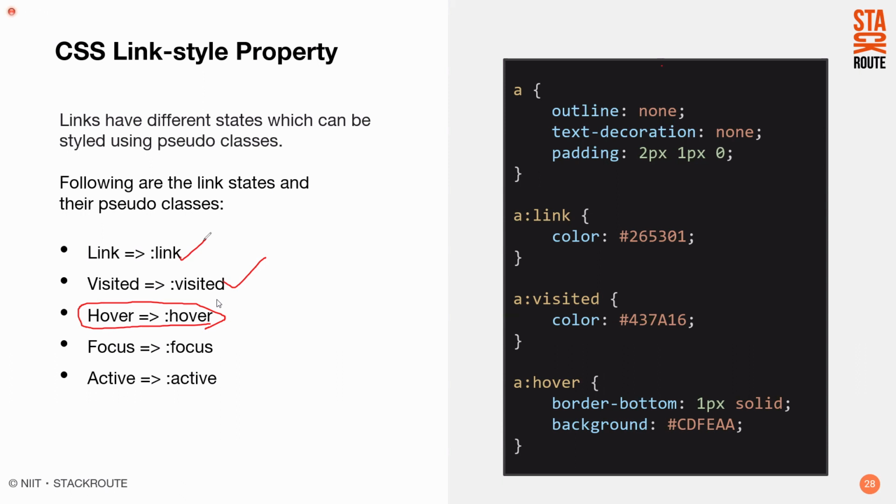Whichever links get visited, when I keep my focus with the tab on the current link, whichever link is clicked, I'm on this particular page. So what should be my style? I can apply this with the help of CSS style property.